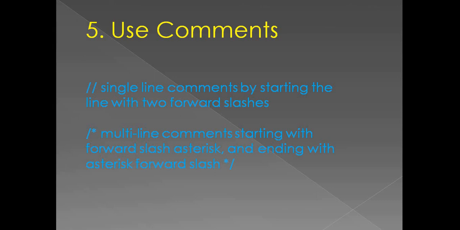In JavaScript, you can create a single line comment by starting the line with 2 forward slashes, and for multiple line comments, start with a forward slash and asterisk and end with an asterisk and forward slash, just like in CSS. Use comments to explain yourself to anyone else. If you see your code a year later, you can still understand it if you use comments.